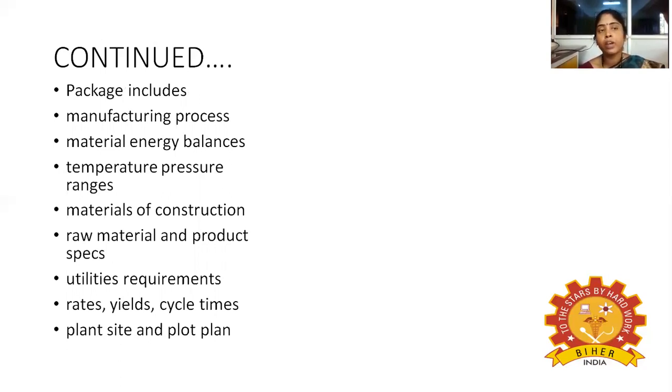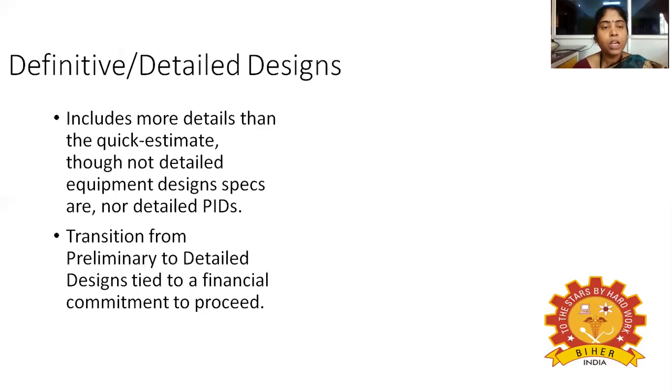That also has to be taken into consideration. Here we also have the manufacturing process, materials engineering process, temperature and pressure ranges, the construction material of the reactor, the raw materials and product specs, utilities, rates, plot size and plot plan, everything that has to be taken into consideration.